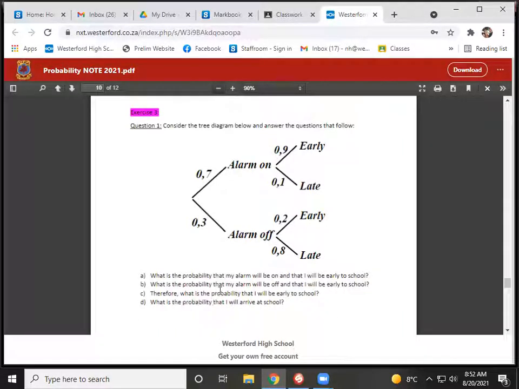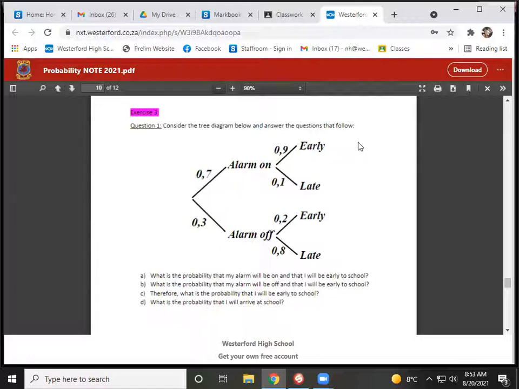C is saying, what is the probability that I will be early to school? Now they're not saying alarm on or alarm off. All right, they're just saying early. So I have to take this probability plus that probability.